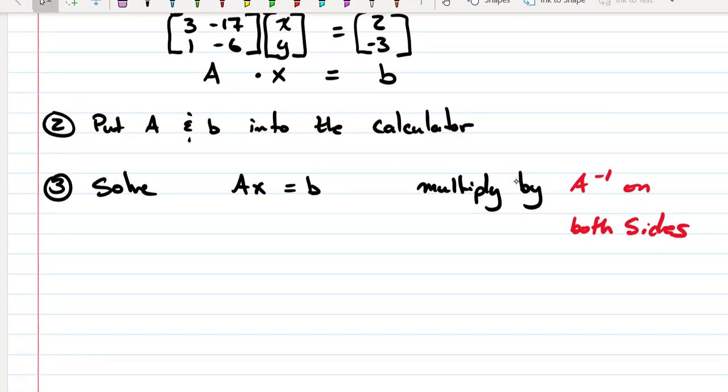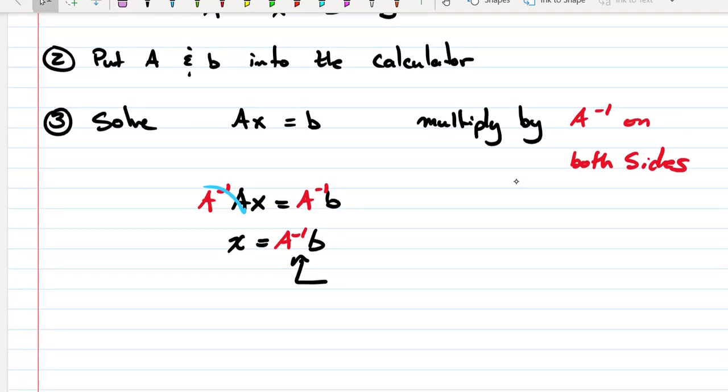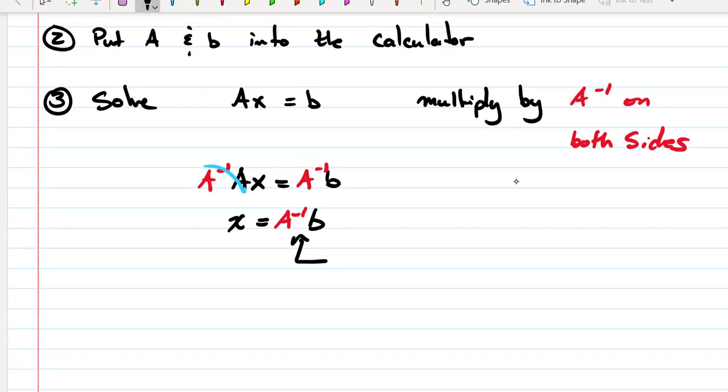If we have the equation A times X equals B, and we multiply on the left by A inverse, A and A inverse cancel out, so the left side is going to be X. So the answer is going to be A inverse times B. Now we can calculate this on our calculator.